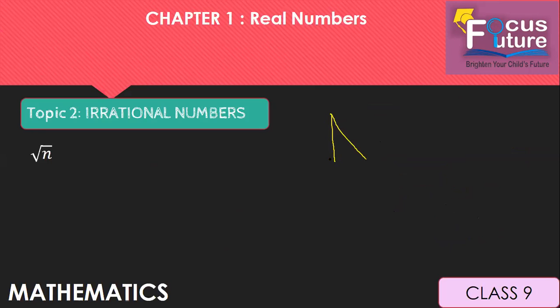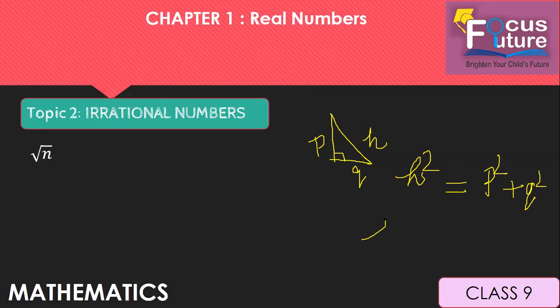when there is a perpendicular distance, this angle is 90 degrees. This is your perpendicular distance, this is your base, and this is your hypotenuse. Hypotenuse square is equal to perpendicular square plus base square.